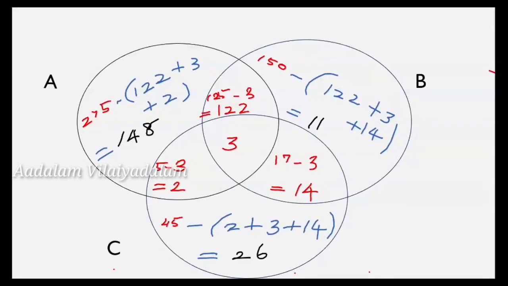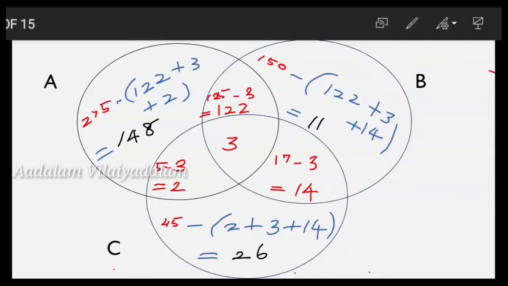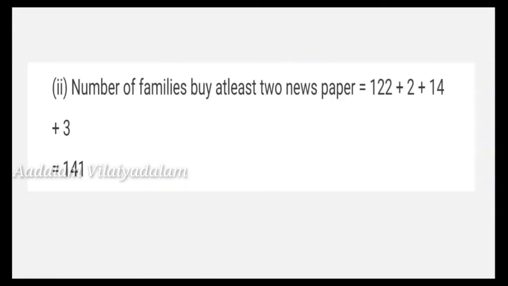For the second subdivision, the number of families buying at least 2 newspapers, that is the intersections between A and B, B and C, and C and A, that is 122, 2, 14, plus 3, the intersection of all 3 families.